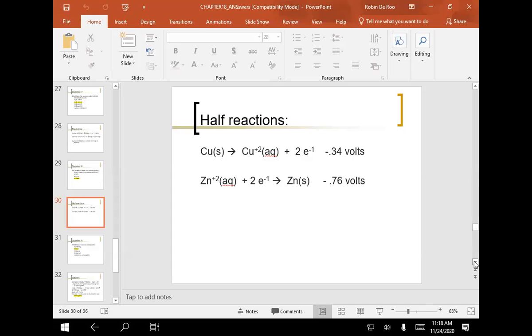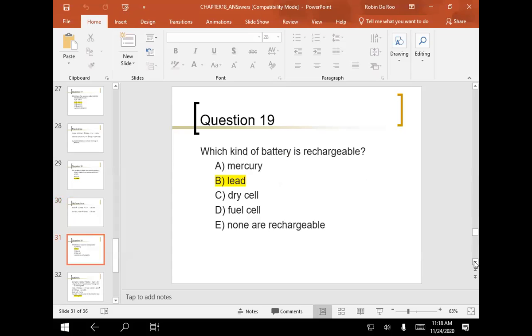So if you add up these volts, you end up getting negative volts, so no reaction. This is in your book. You had to actually read your book. It was somewhere in the words.